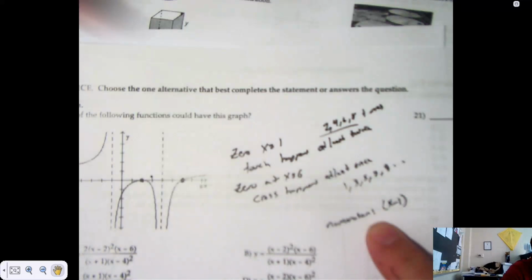So anyways, our numerator is kind of locked in stone to some degree. The factor that creates x equals 1 is x minus 1, and it's going to happen at least twice. Sorry, that 0 is not at 1, it's at 2, isn't it? Happens at least twice, so it's x minus 2 squared. And the crossing that happens at 6 is x minus 6.